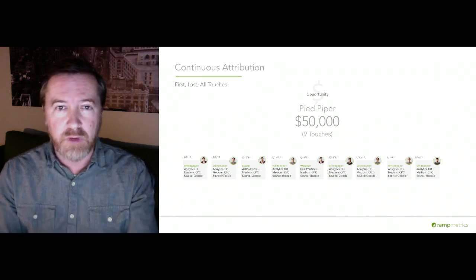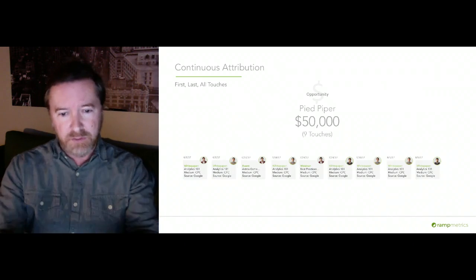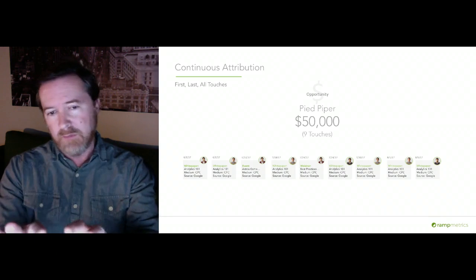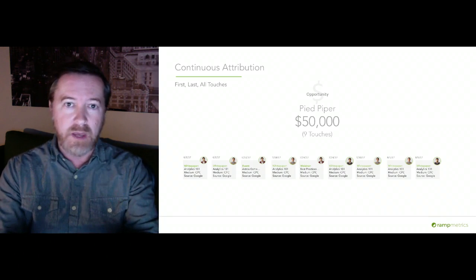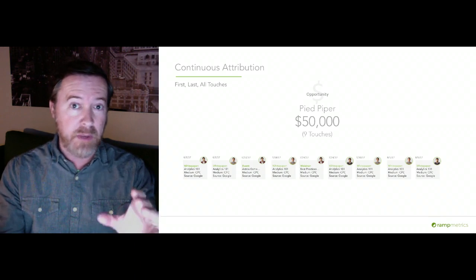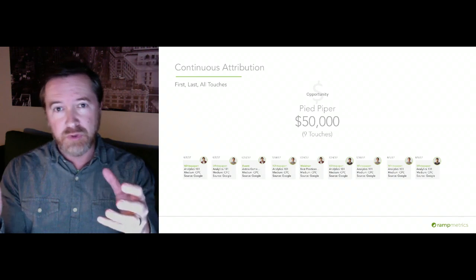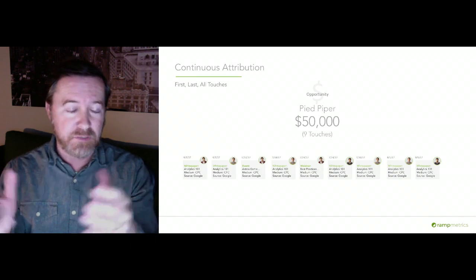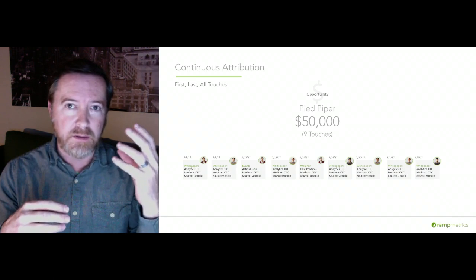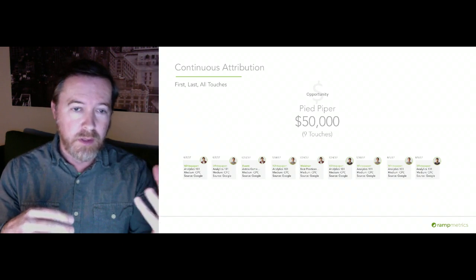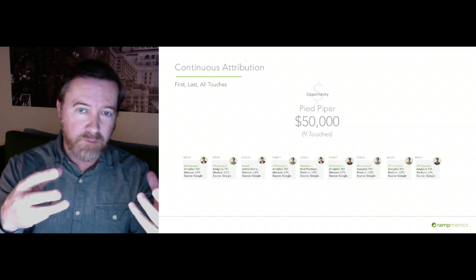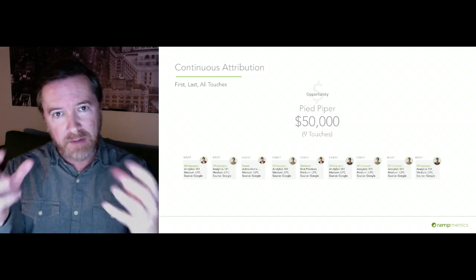So then, if you fillet it out and look at the deal, in this case $50,000, we've got 9 touches, and somehow we have to make sense of this. How do we do the attribution? Attribution is simply connecting the people engaging with our campaigns and then looking at the financial impact of that connection.